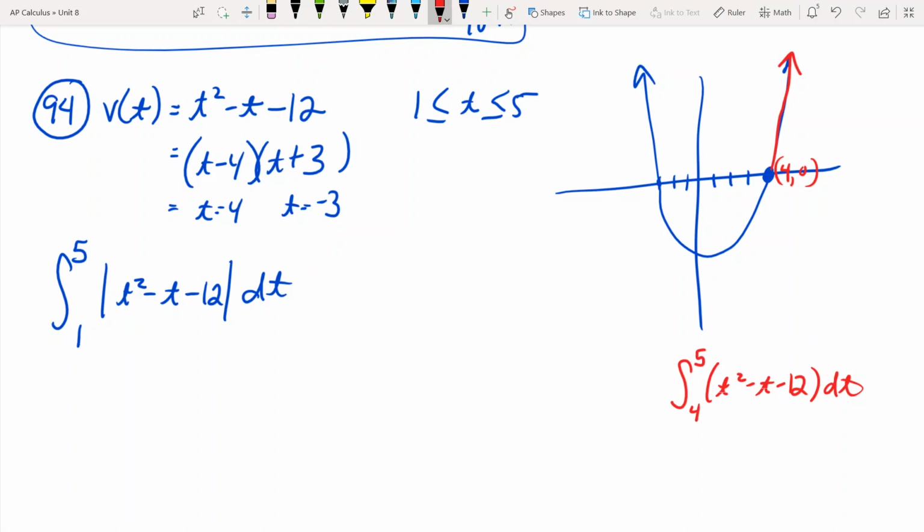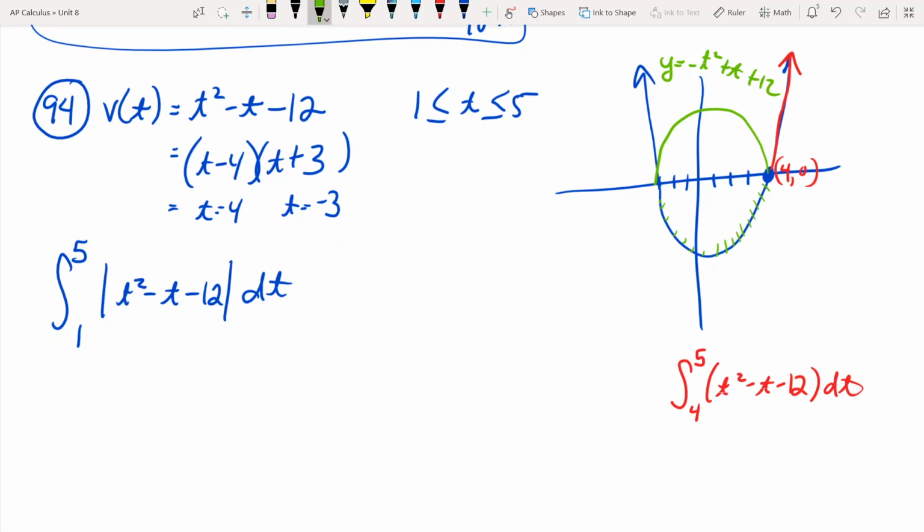But for the piece going from 1 to 4, there's going to be an x-axis reflection in order to have the absolute value. This green graph right here is the equation negative t squared plus t plus 12. So that's what the green portion is.